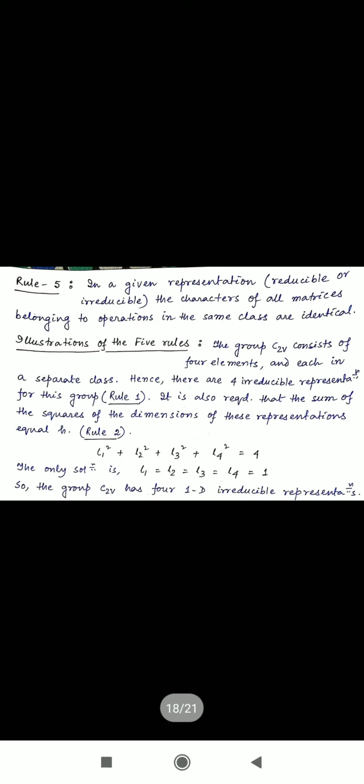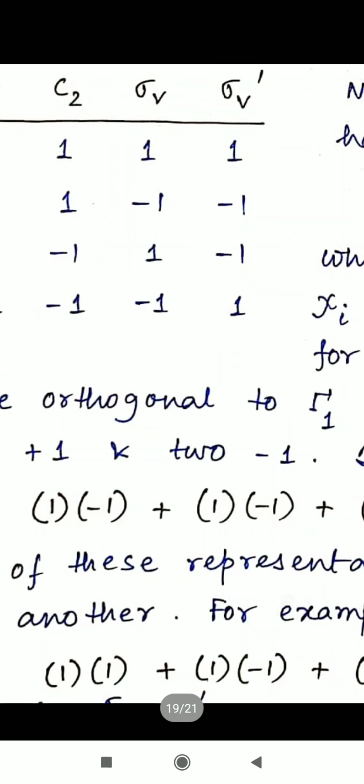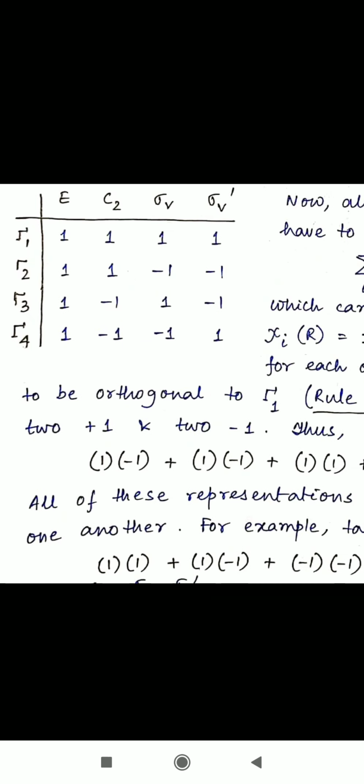Then we have illustrated the 5 rules by using the C2V and C3V symmetry operations. So in case of C2V, by applying rules 1 to 4, we had written the character table, an incomplete character table, but these are the irreducible representations which we have to write in our C2V character table.